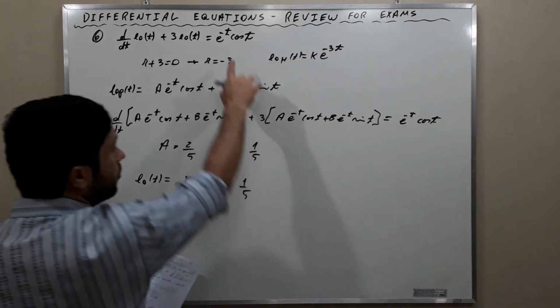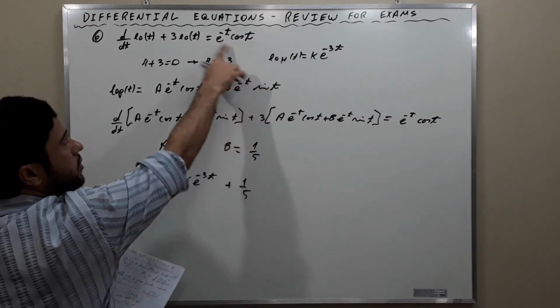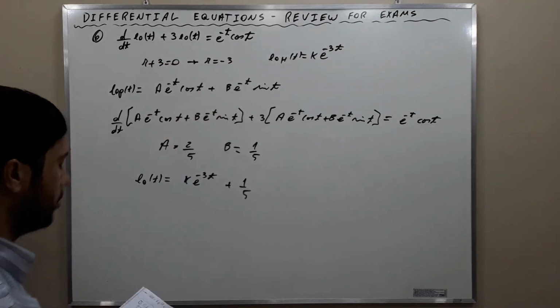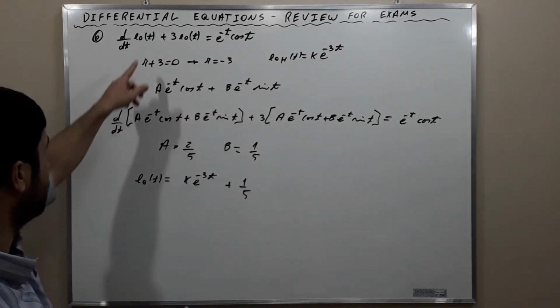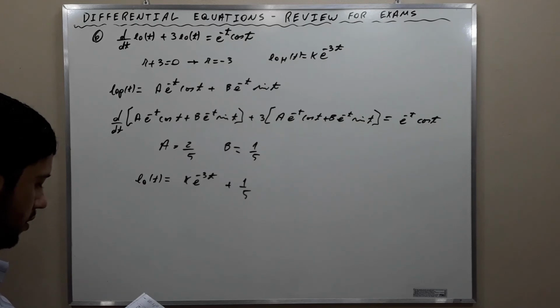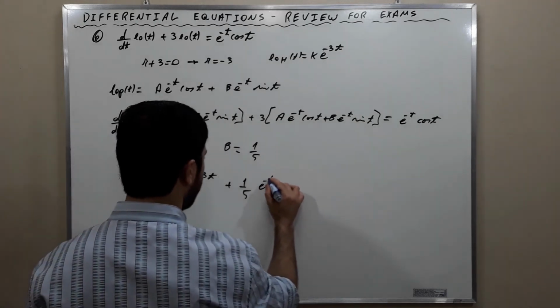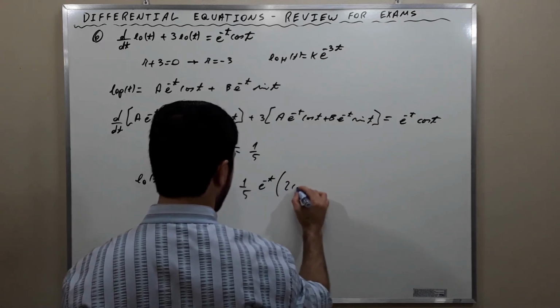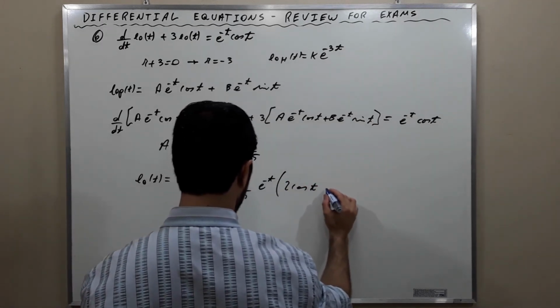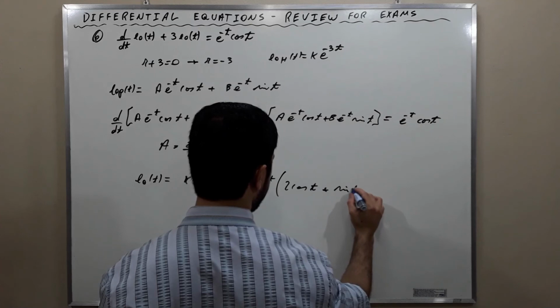And the particular solution reflects the forcing term applied to the system that this differential equation represents. e to the negative t times 2 times the cosine t plus sine t.